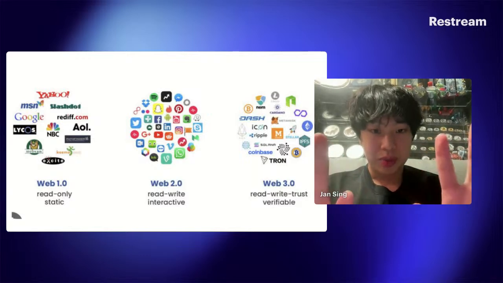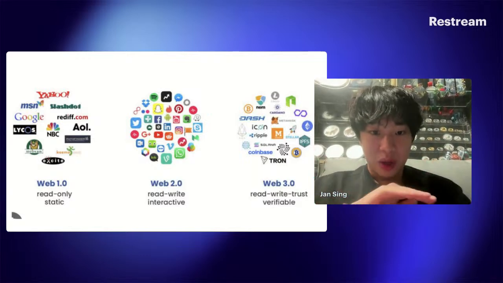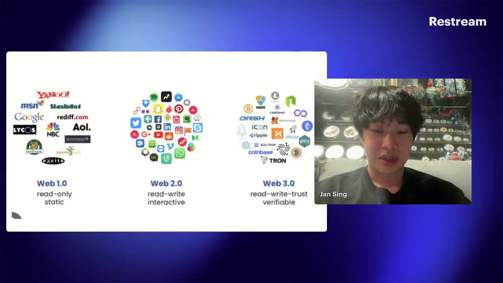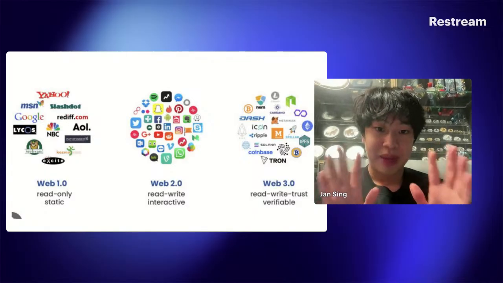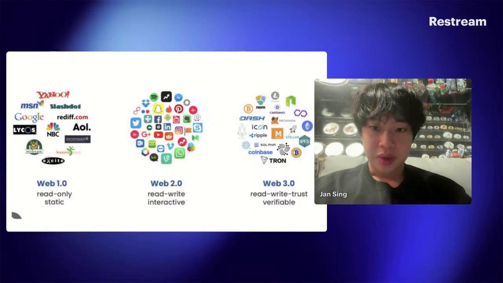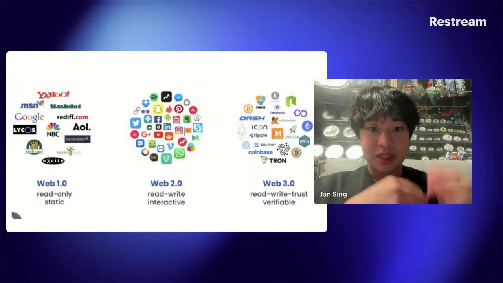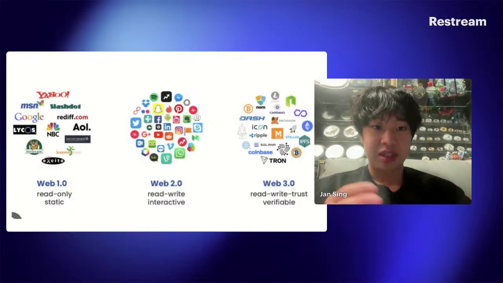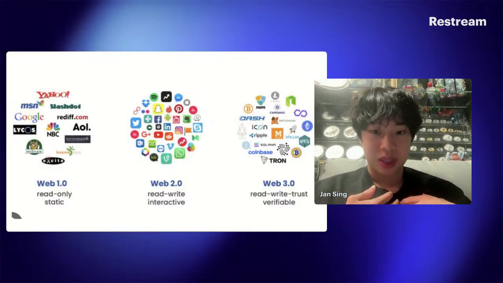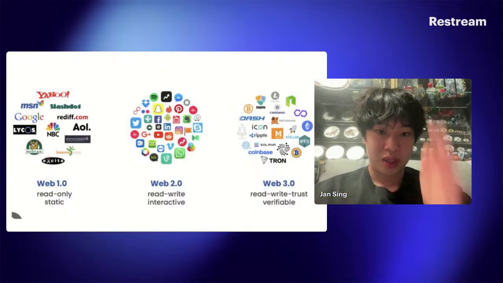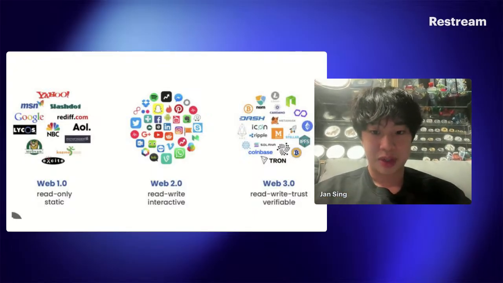Web 2 has output and input. However, all the data only goes back to the company instead of being transparent to everyone. For example, the bank can lock you down anytime during the Web 2 period. But in Web 3, since everyone is democratized, everyone can see each other's data, and they have their own personal data. So you can't say, oh, we're going to lock you down. That doesn't happen in Web 3.